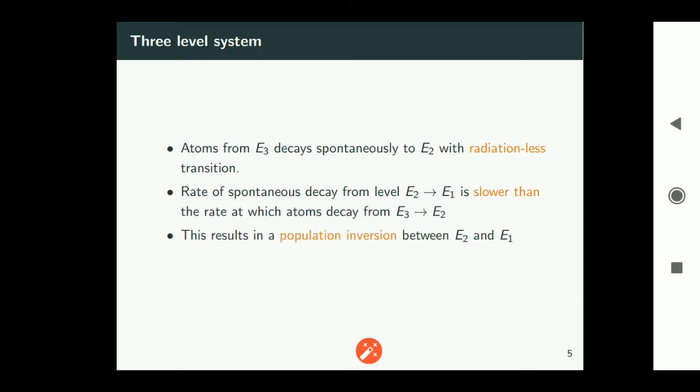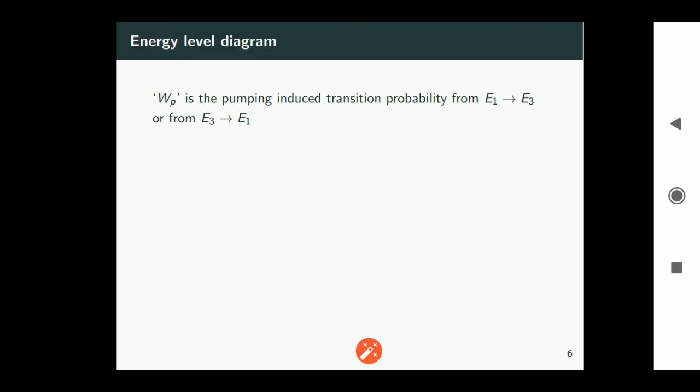This gradually increases the population in level E2 and finally achieves population inversion between E2 and E1. E1 corresponds to the lowest level, normally called the ground state. E2 is the first excited state, a metastable state in this case, and E3 is the second excited state. In this scenario, the lasing transition can take place from E2 to E1. This is what is possible in a three-level system.